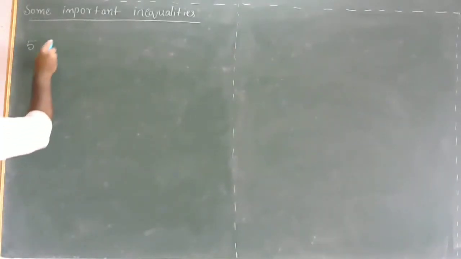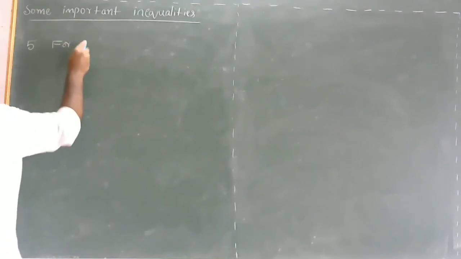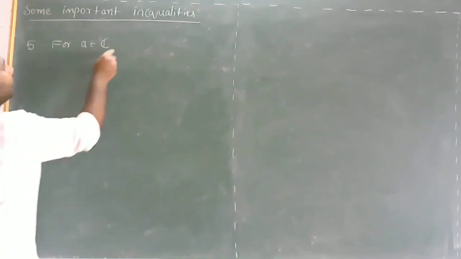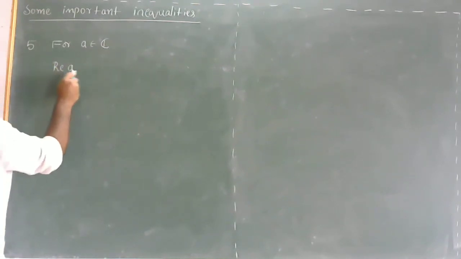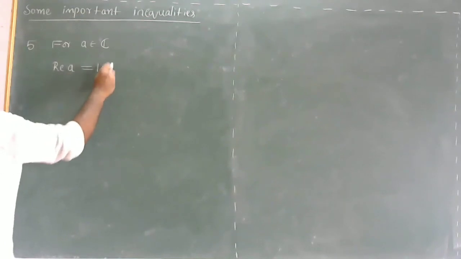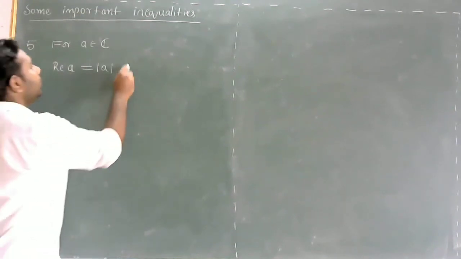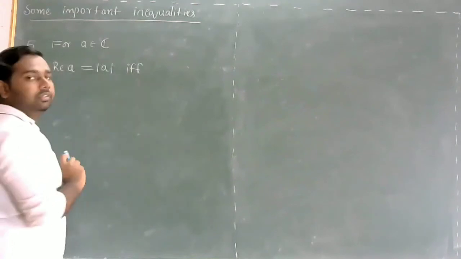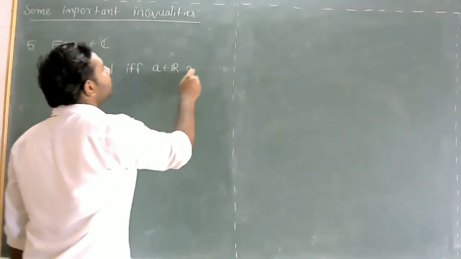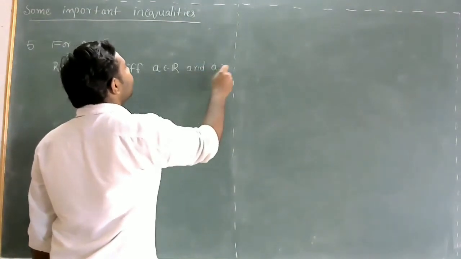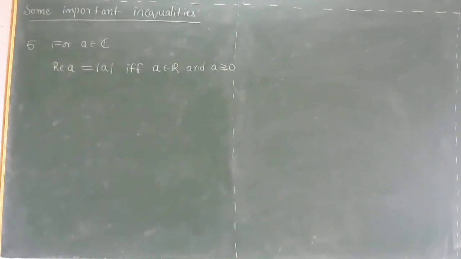One more, the fifth inequality: for any complex number A, real part of A is equal to modulus of A if and only if A is a real number and A is non-negative.